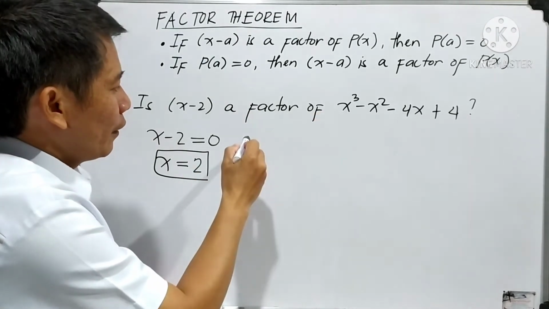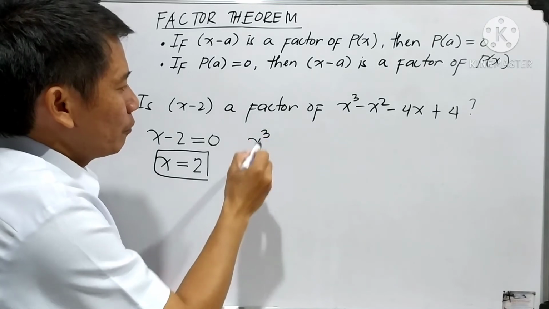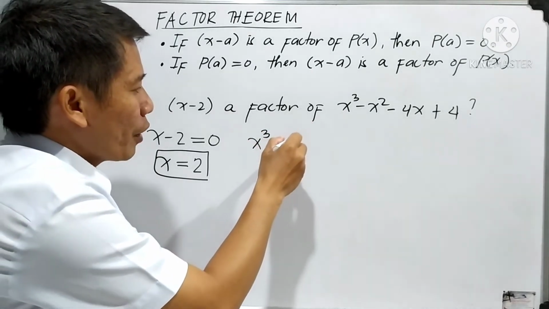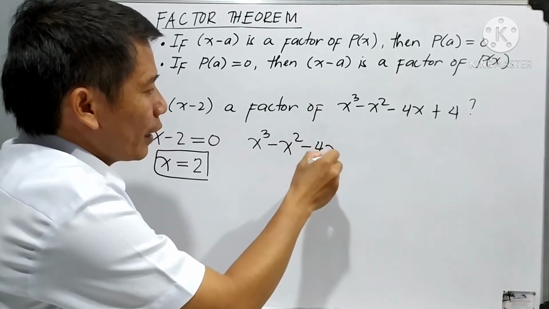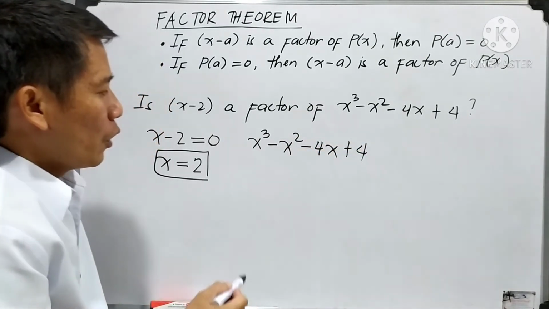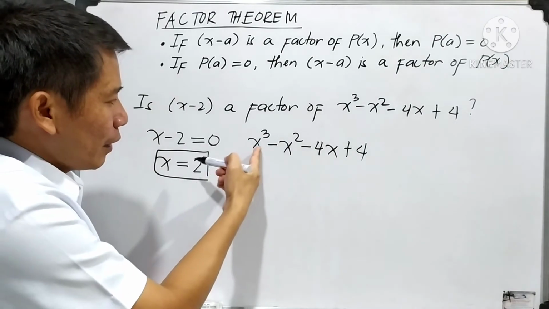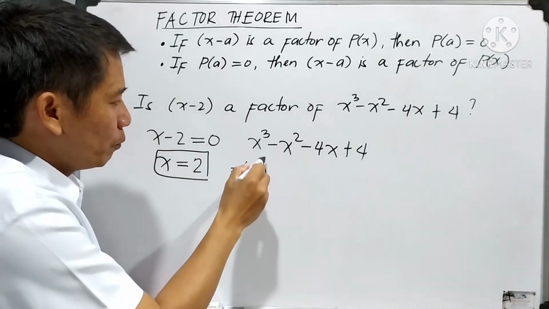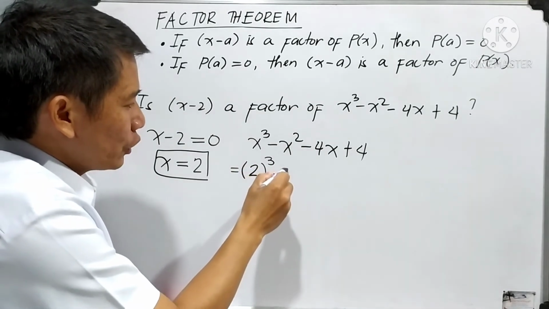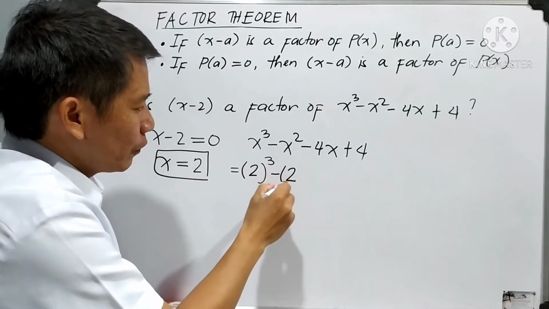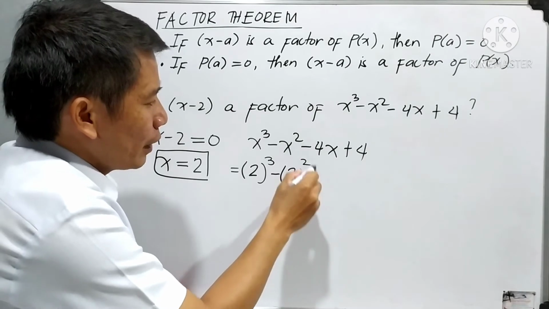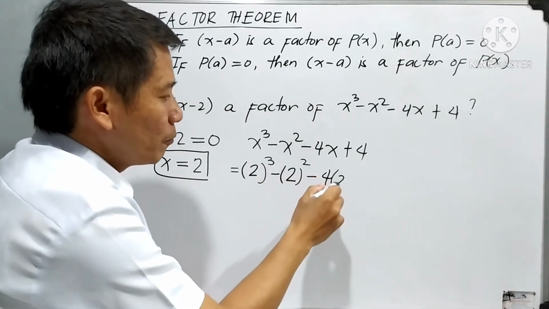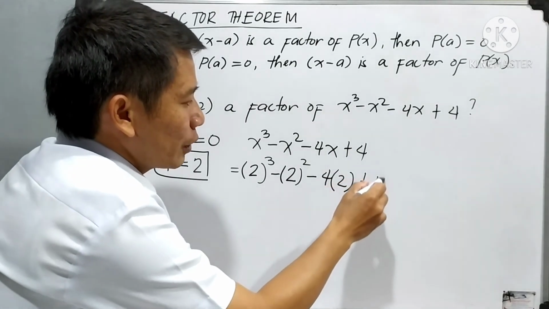Let's copy first our given polynomial: x cubed minus x squared minus 4x plus 4. Okay, plug in every x here with this 2. So we have 2 cubed minus, again x is 2 squared, minus 4 times your x is again 2. Then we have plus 4.